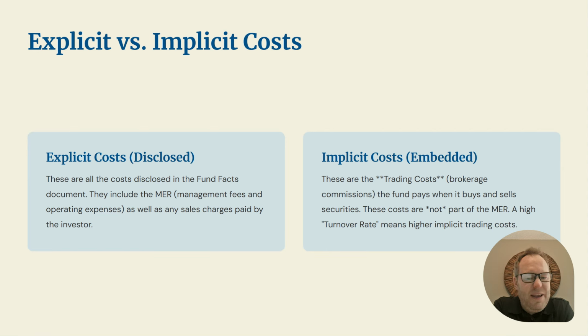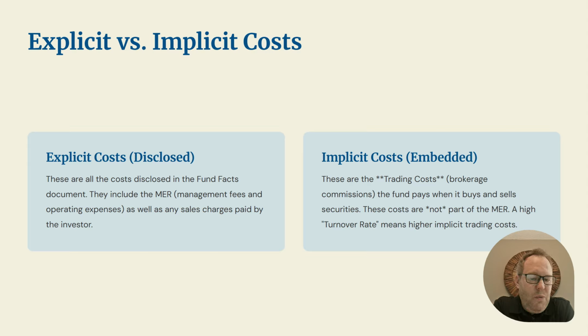Implicit costs or embedded costs, these are costs like trading costs, brokerage commissions. The fund pays for these when it buys and sells securities within the mutual fund, but these costs are not part of an MER and not necessarily disclosed, because different mutual funds may have different amounts of trades happening at different times and different amounts in different years.